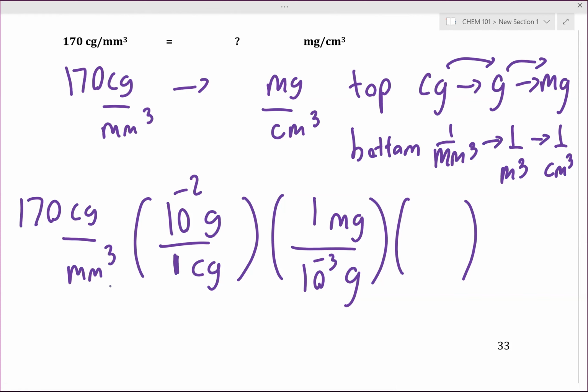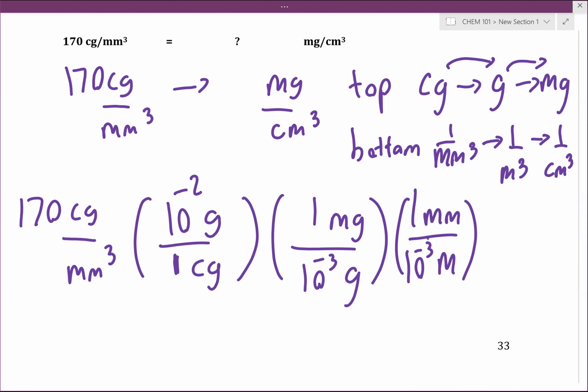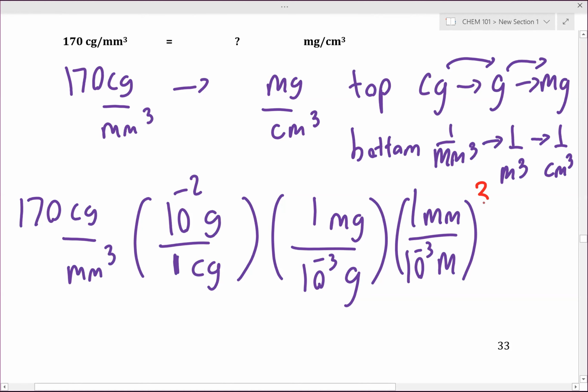What do we need on top? Millimeters. And what do we want on the bottom? Meters. And in 1 millimeter, there are how many meters? Yep, 10 to the negative third. Now, since this is a cubic unit, what do we need to do to this conversion factor? Cube it, exactly. Don't forget to cube your cubic conversion factors or you'll get the wrong answer.